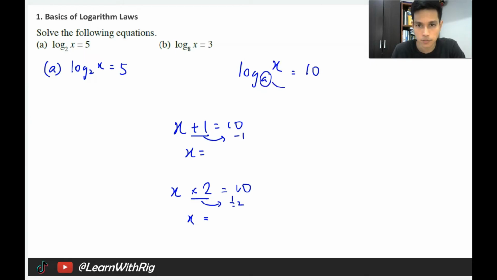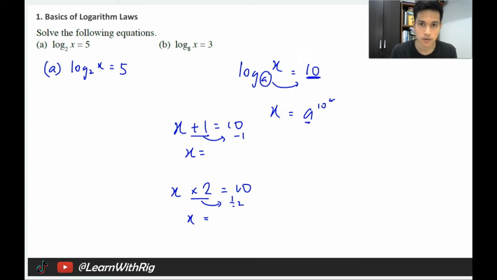The base shifts to the opposite side, the x value remains. The A, the base value of the log, will push whatever value was initially on the right-hand side and make it the power. So in this case, it becomes A power 10. You notice that the value on the right becomes the power.